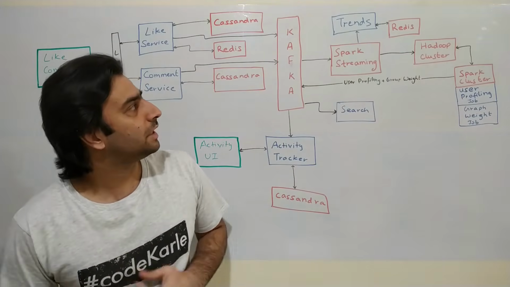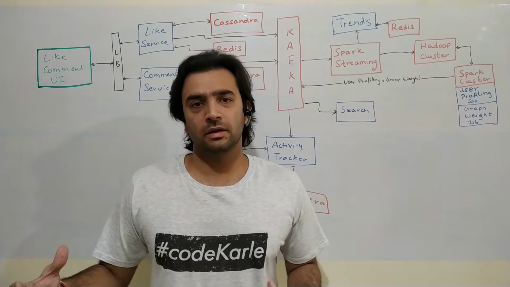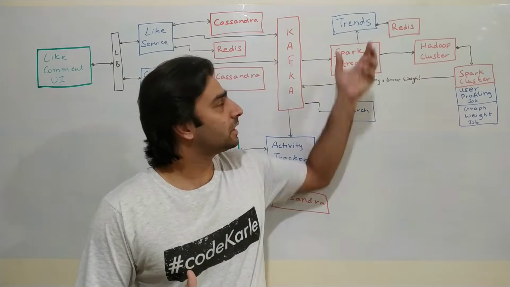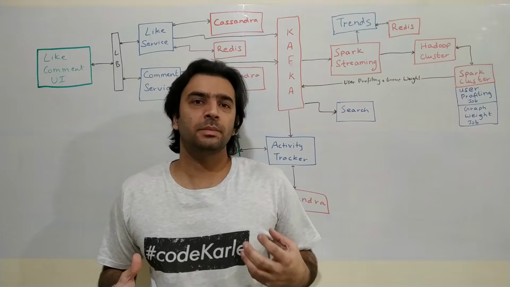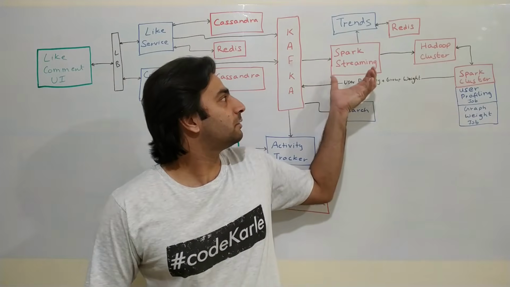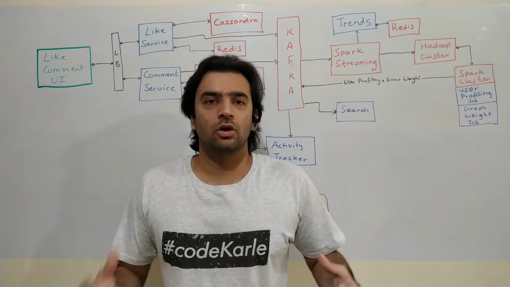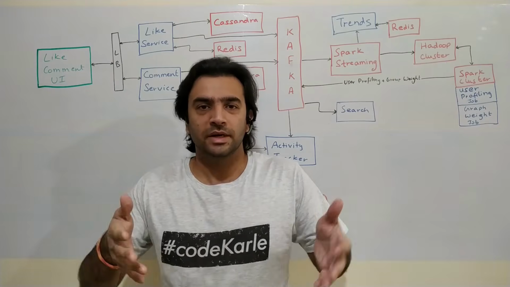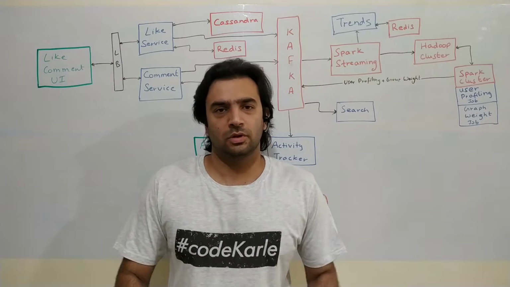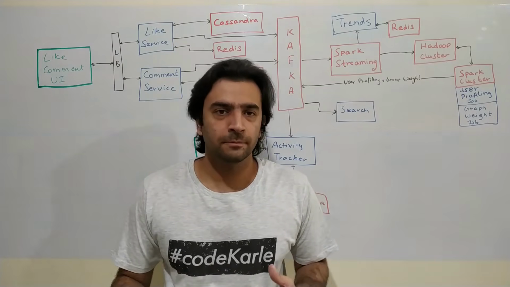Now we have left something called trends. Trends is basically something very similar to the trending thing on Twitter. We talked about that during the Twitter video. It basically tells us what people on Facebook are talking about right now. Basically, what this streaming job will do is take all the posts, all the comments, tokenize them and split them by space characters, remove some very common stop words like a, and, of, the, for, is, and all of that.